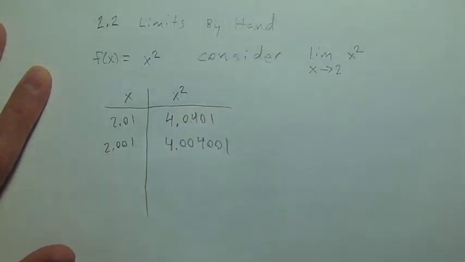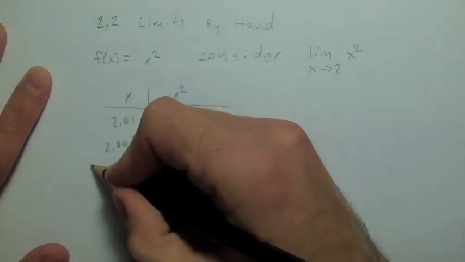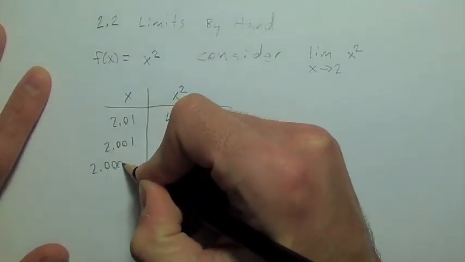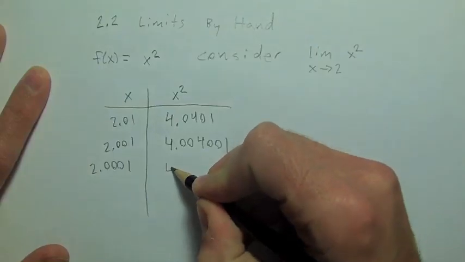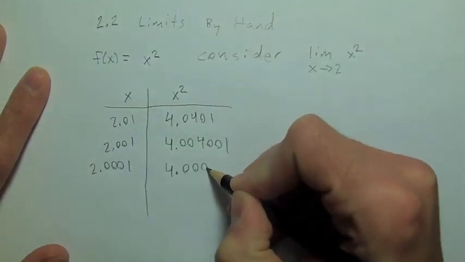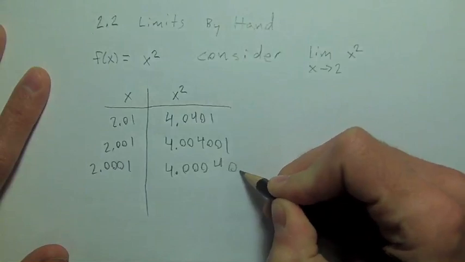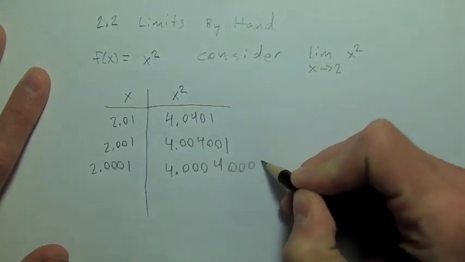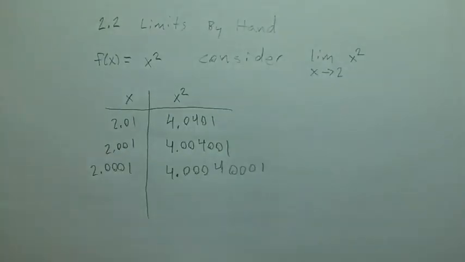And if I take it one step further, that's where we'll stop, I think. If I do 2.0001, that squared is 4.00040001. And we get this pretty clear pattern.